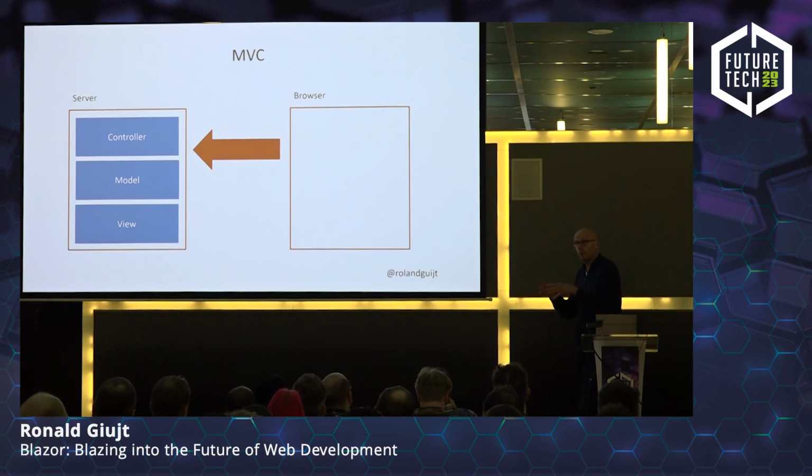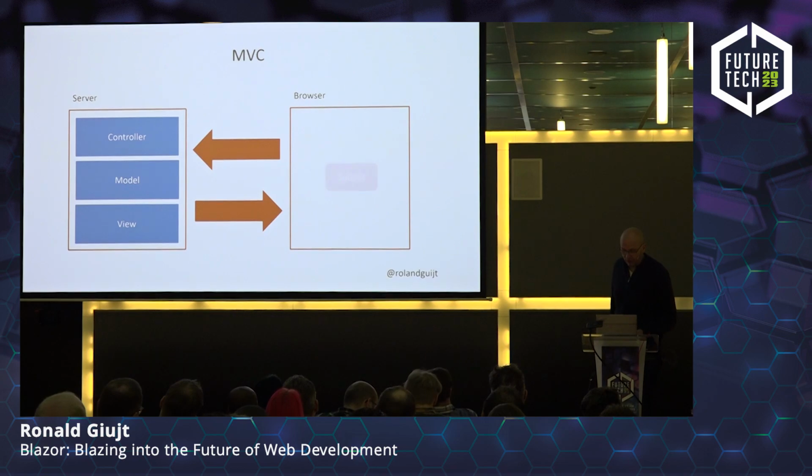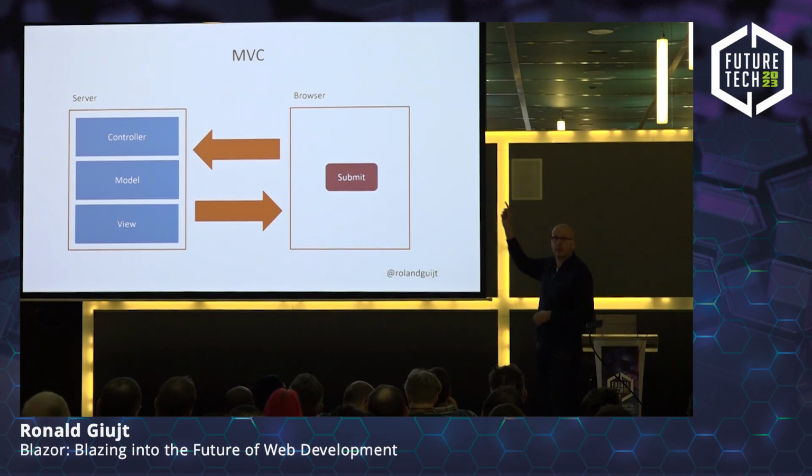So use that model data, these objects, in a view, and the view is rendered as HTML, right? So basically it's just HTML in combination with CSS that is sent to the browser. So let's say that first page has a button, submit button. User presses it, and the whole thing repeats, right? So the form is submitted, and this time it's a post request.